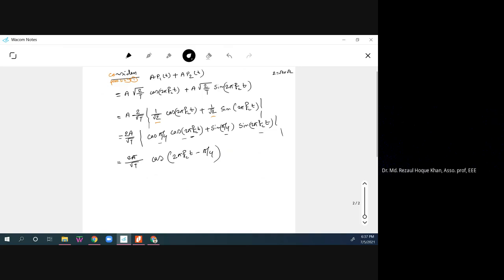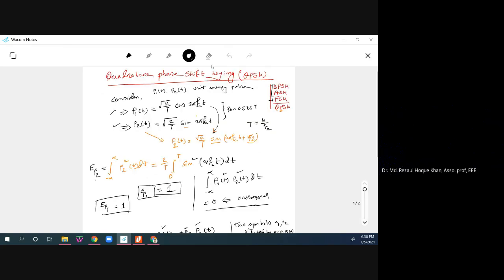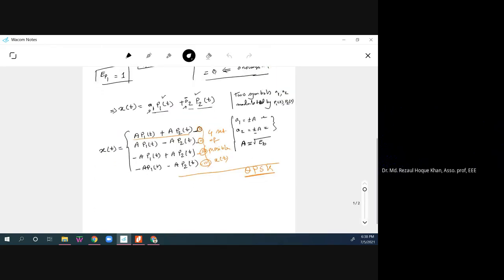This is for possibility 1, when x(t) equals this one, we get this solution.